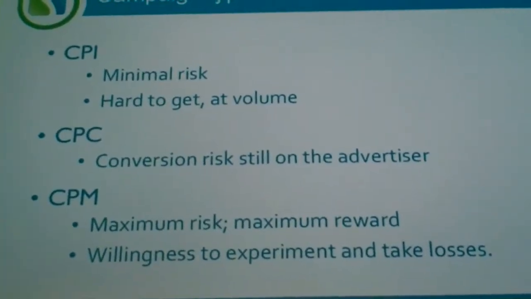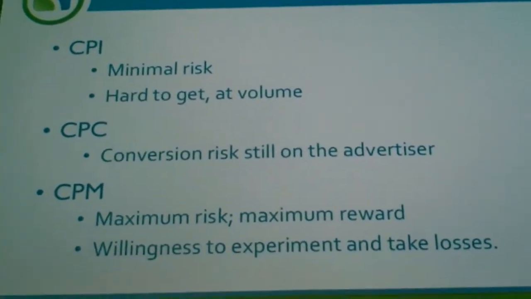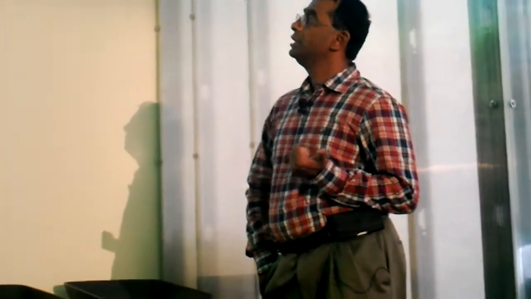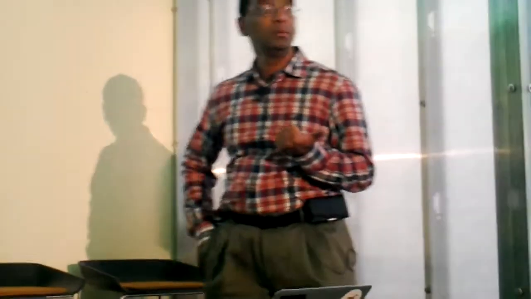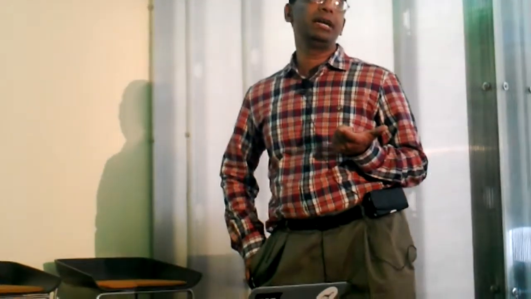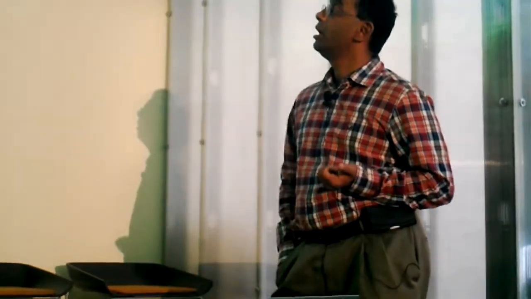CPM, you have to pay attention to more numbers. It's maximum risk, but also maximum reward. Like Jan already gave some indication as to the kinds of things that you can do on an exchange. A lot of CPM is on an exchange. You can get CPM on ad networks too, but exchanges are a very interesting model for going out and getting users.